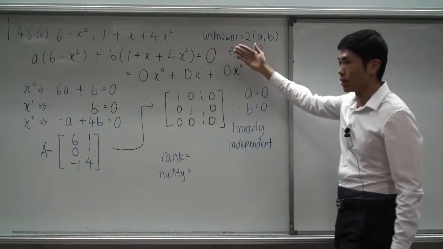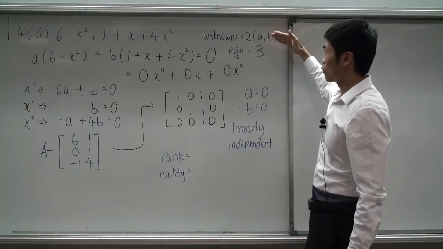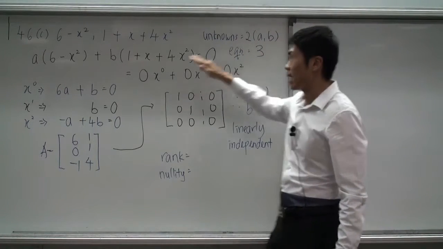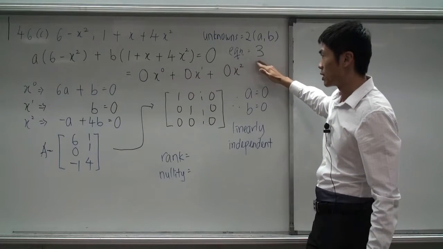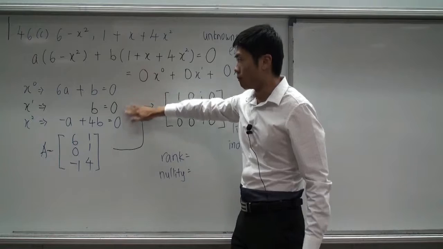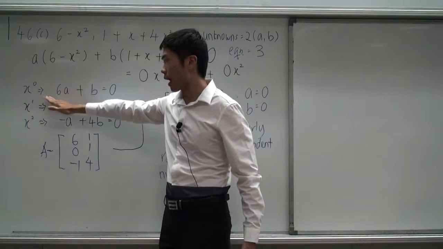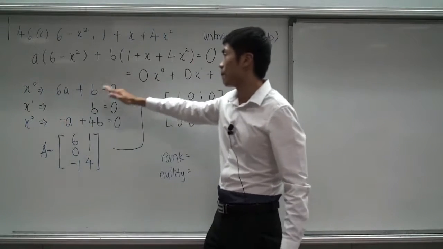So by inspection, we know that there are two unknowns, which are the constants a and b. And there are three equations here from the coefficients of x^0, x^1 and x squared.